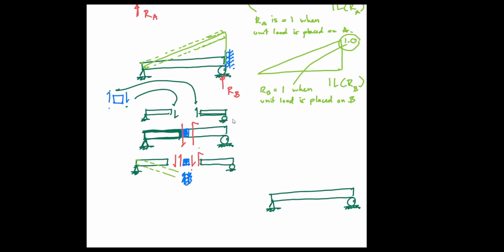This piece goes up. Right? Or yeah, it should be okay. So that's why the shape of the influence line of the shear in the middle looks like this.